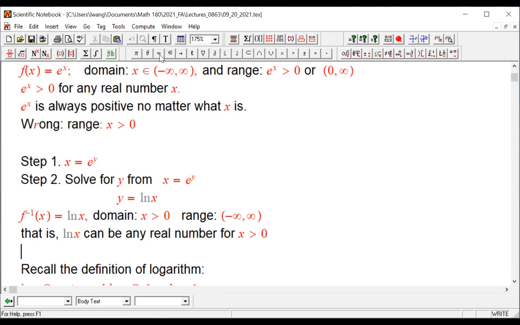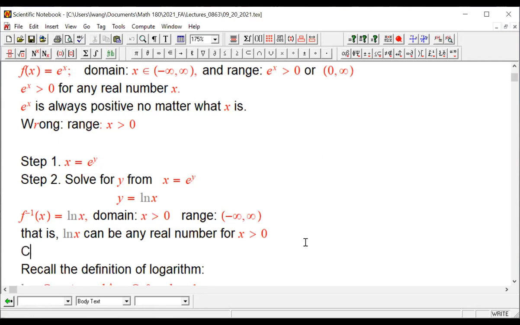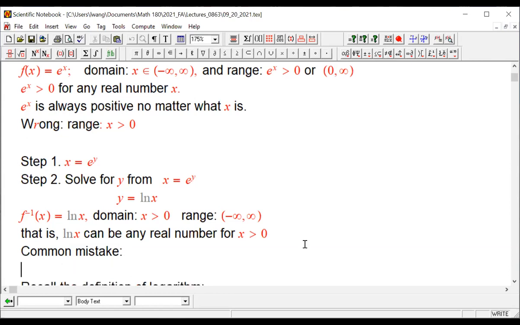Now we're going to graph this and reinforce it. Okay, a common mistake. People will say the domain for ln x is positive, and this student will say the range is also positive.